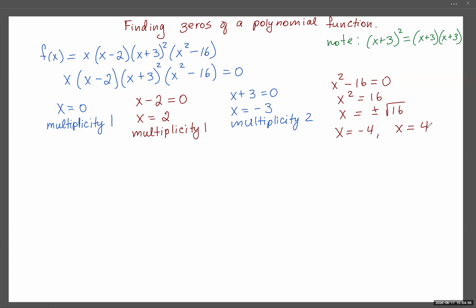Compare it to the previous zero where we had x = -3, which happened twice at the same location. So really it's two zeros just on top of each other. This one, x was squared to begin with, but it gave us two different answers, one is -4 and one is positive 4. So both of these answers actually have a multiplicity of 1.